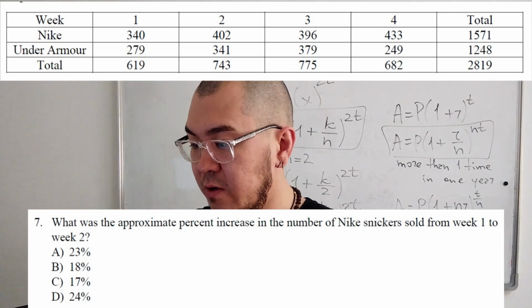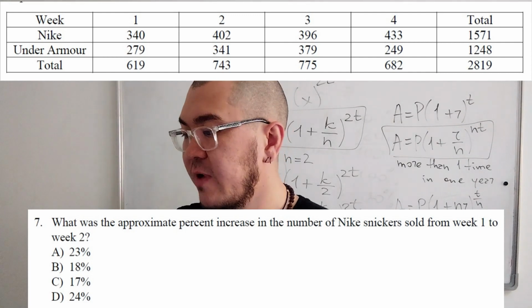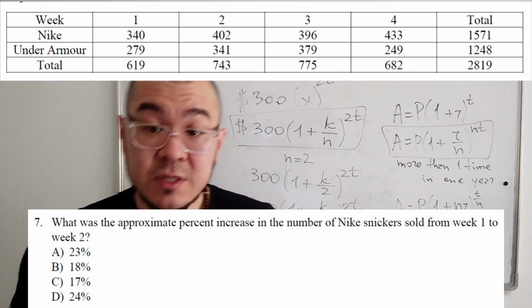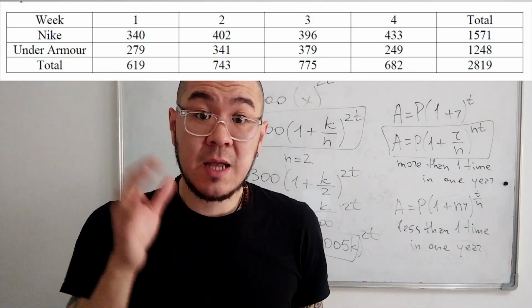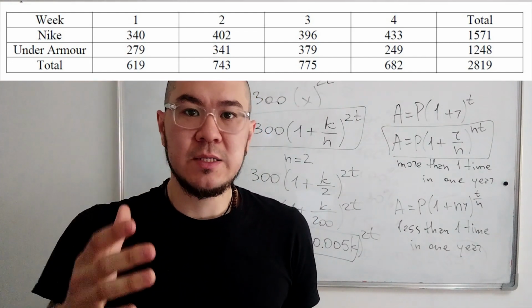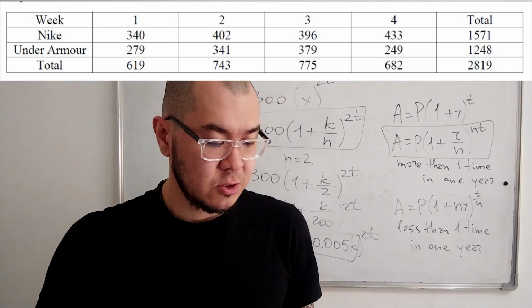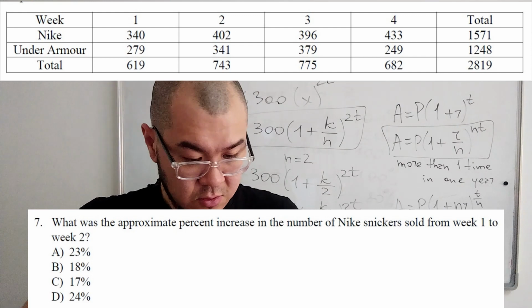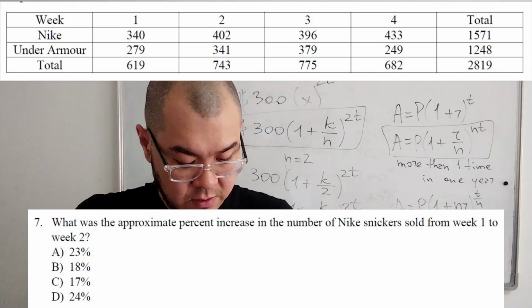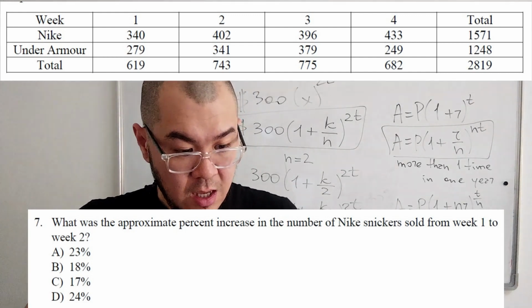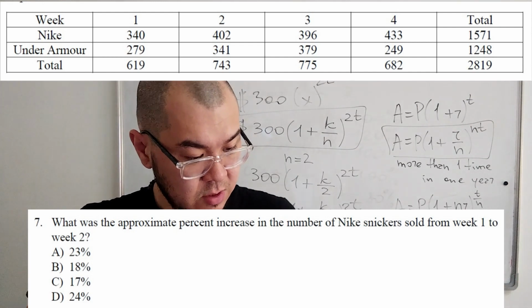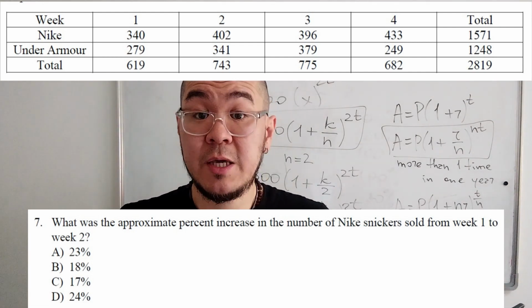We find the difference between these 2 weeks and divide by the base. The base in this situation is week 1. So 62 divided by 340, and we get 18%. Okay, so the answer is B.